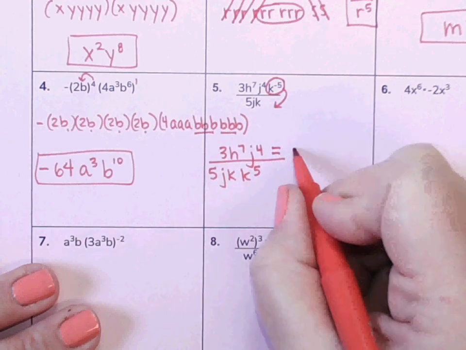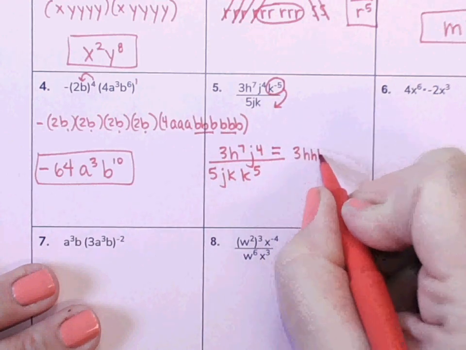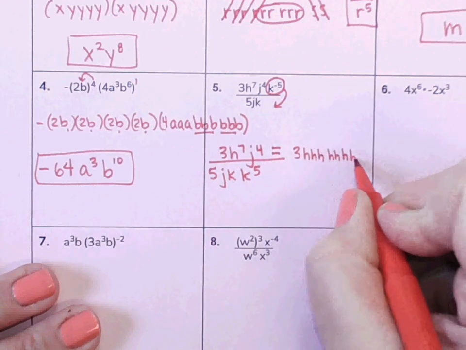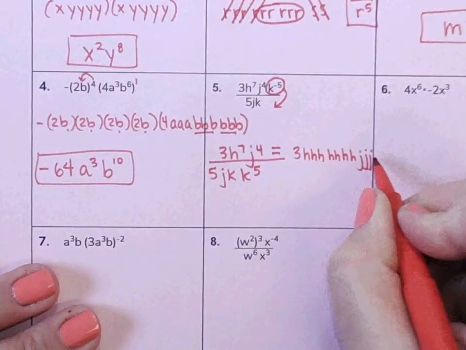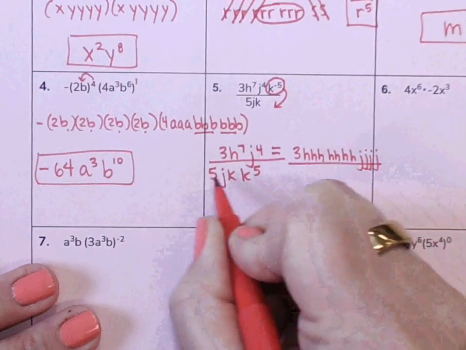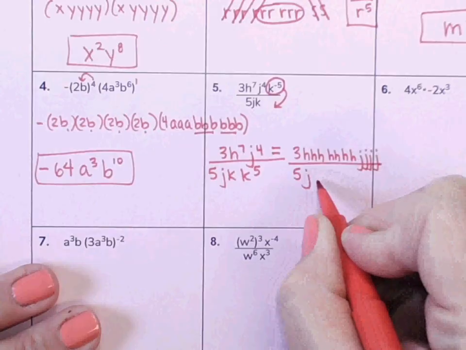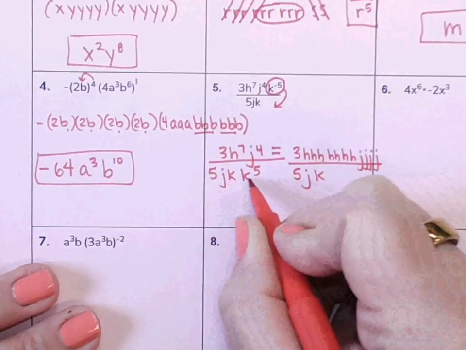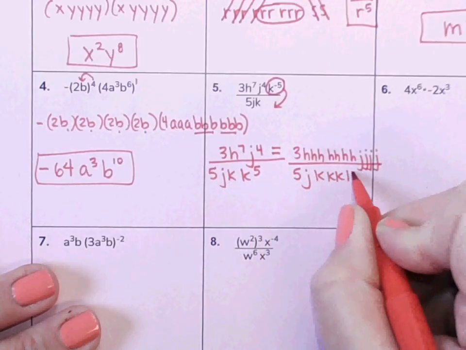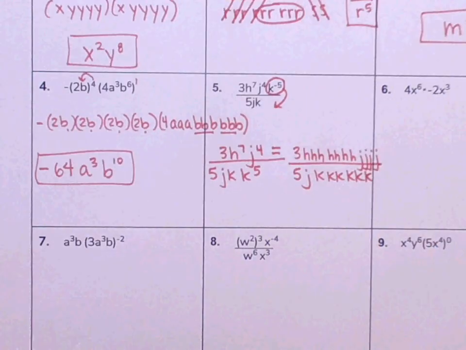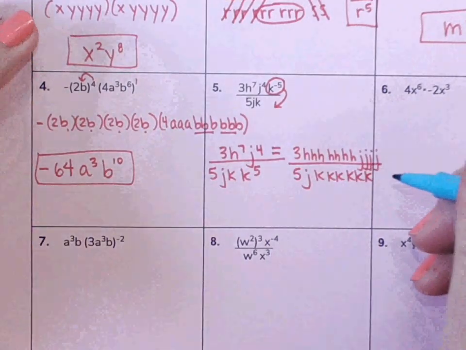on top, 3, and then I have 7 of the h's, and then 4 of the j's. On bottom, I have a j, a k, and then I have 5 more. Use a different color to eliminate these.